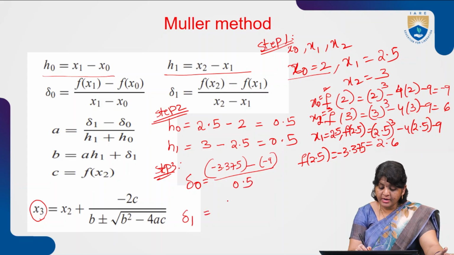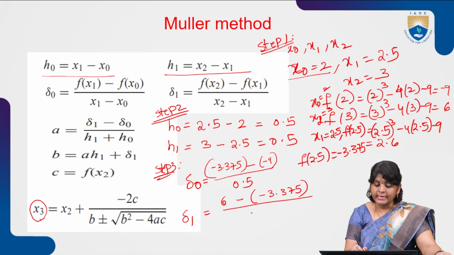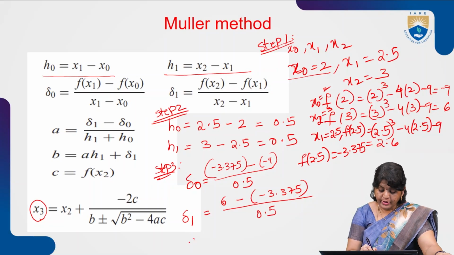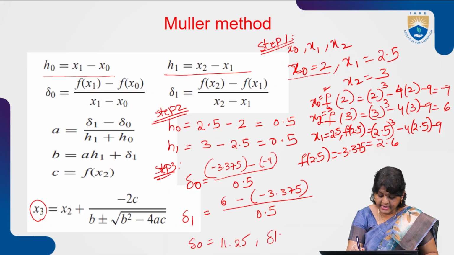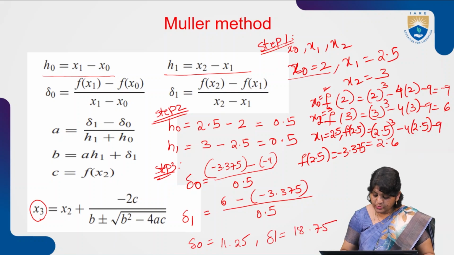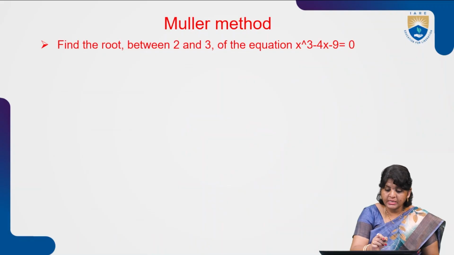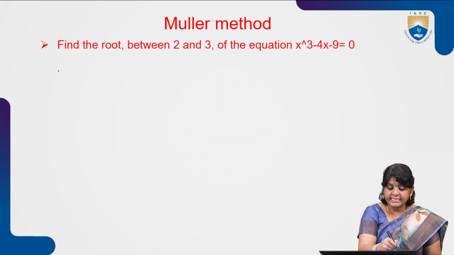What is delta 1? f of x2 value is 6 minus f of x1 value, minus 3.375, divided by x2 minus x1, which is 0.5. So now delta naught is 11.25 and delta 1 is 18.75. With these values we will move on to the next step.